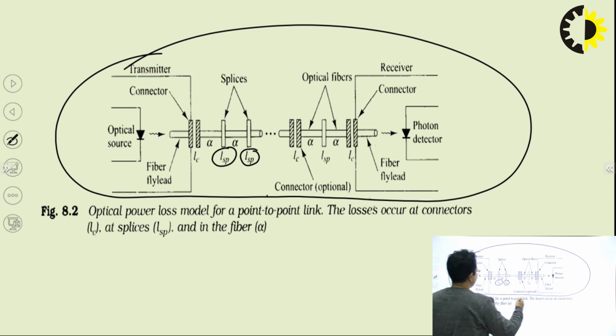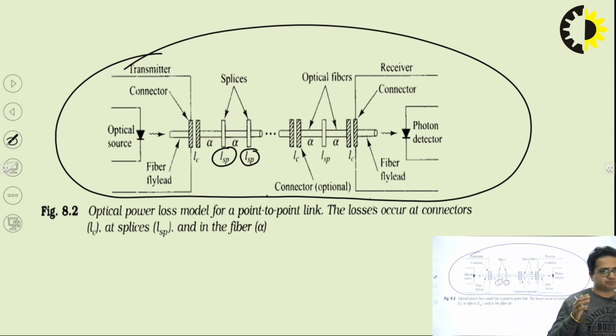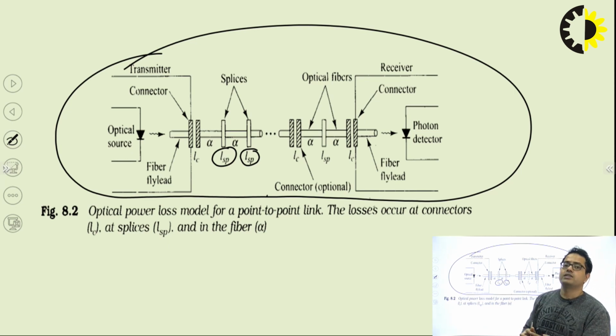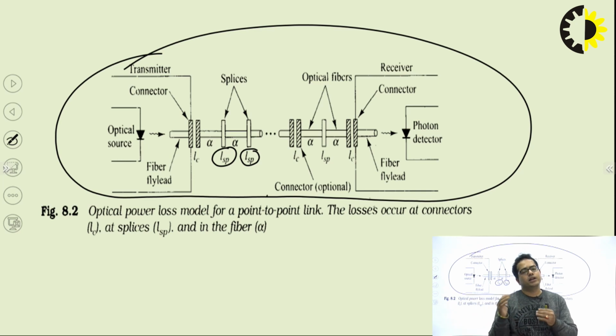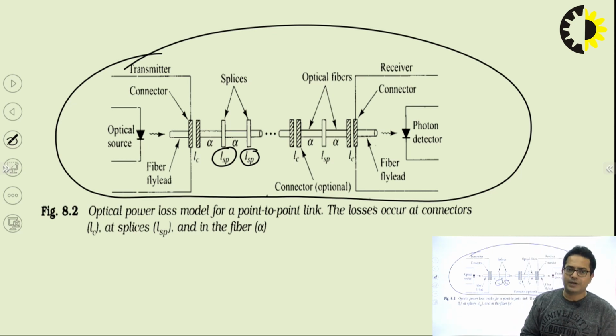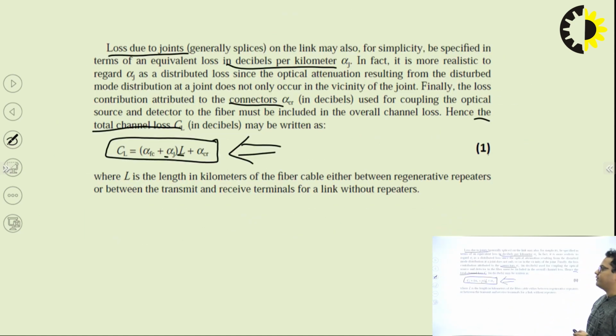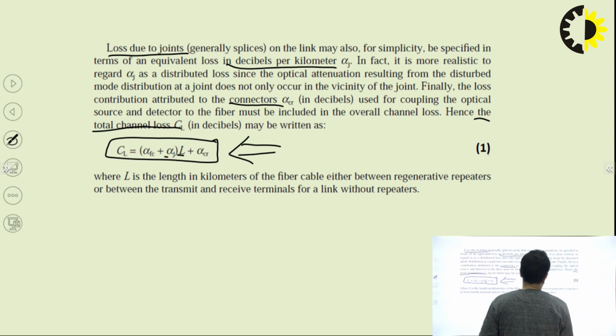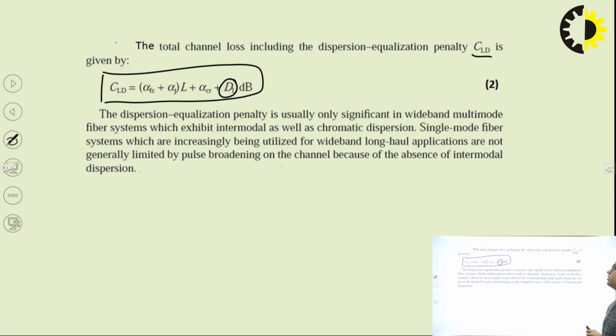As there are channels involved, connectors involved, as well as other phenomena like fiber coupling and dispersions, by incorporating those things one by one, we formed some solid formulas which can be directly used to calculate the power penalties. So we started with alpha, then CL, that is the channel loss, and we formed this formula. Then after that we solved the numerical, then we included the dispersion equalization and got this formula.